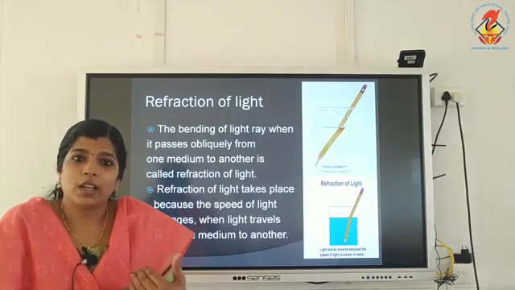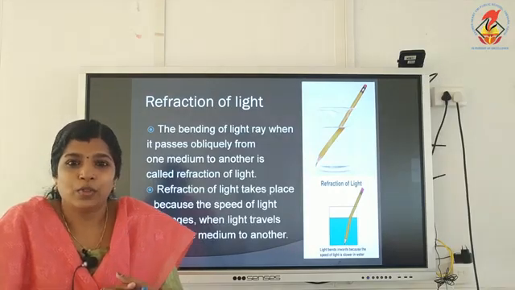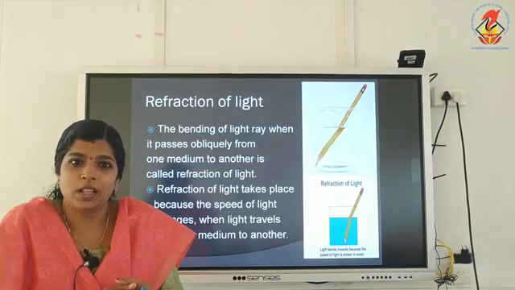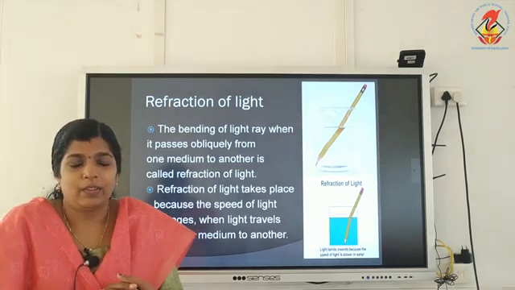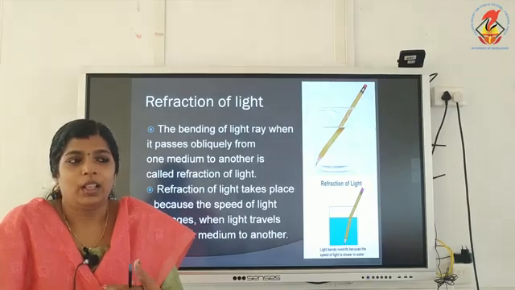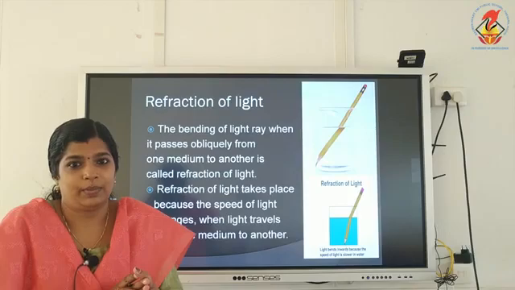So when it travels from one medium to another, there will be a change in the path of the light ray. That is known as refraction of light.